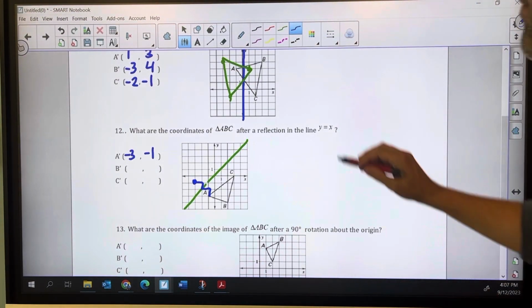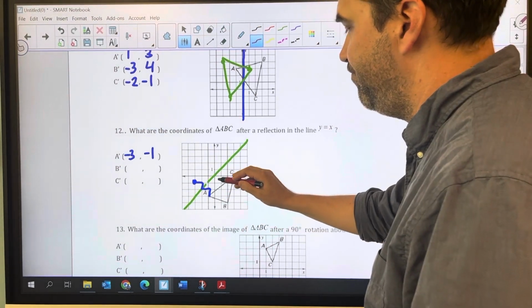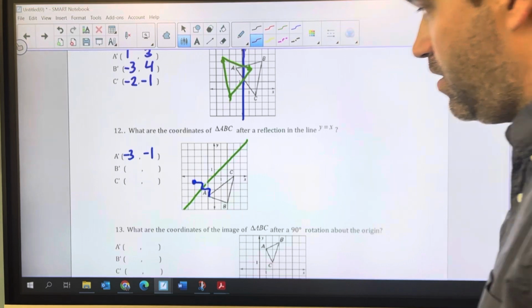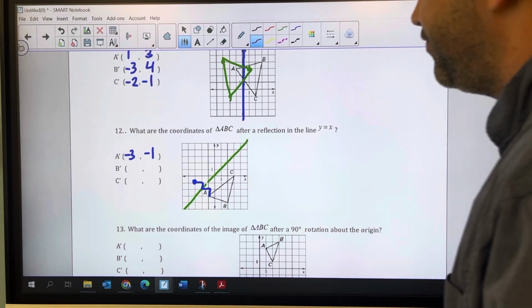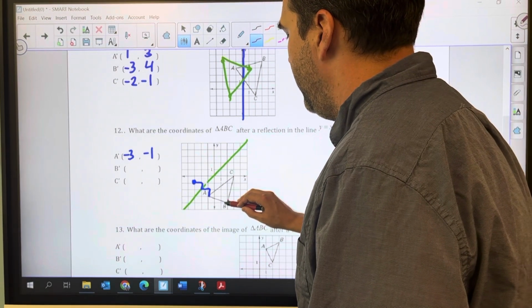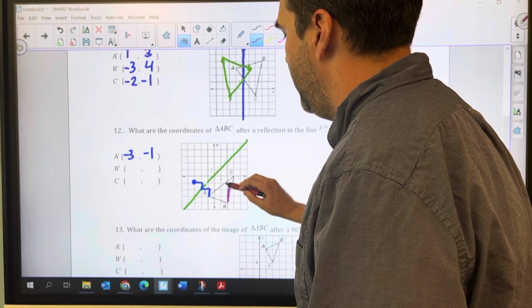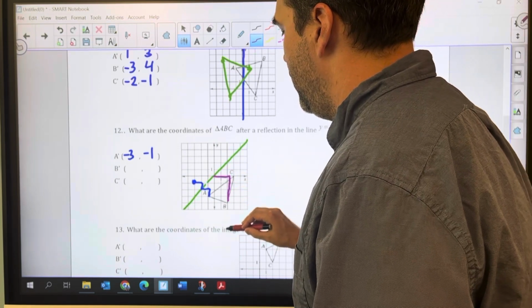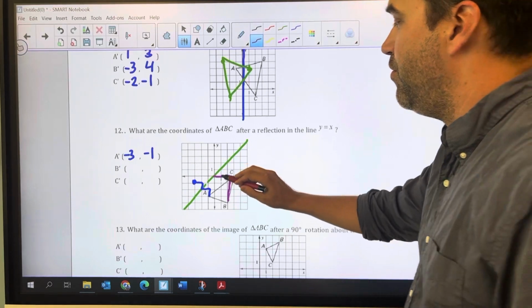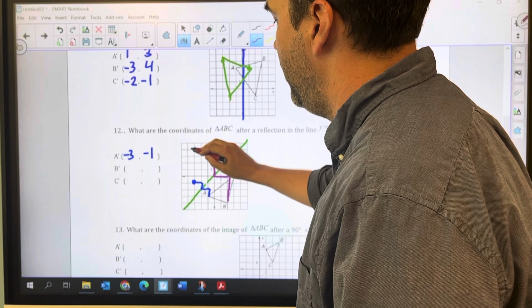B prime, if I look at how to go from B to the line that I'm reflecting across, up 4 over 3, so I'm going to go up 4 over 3.